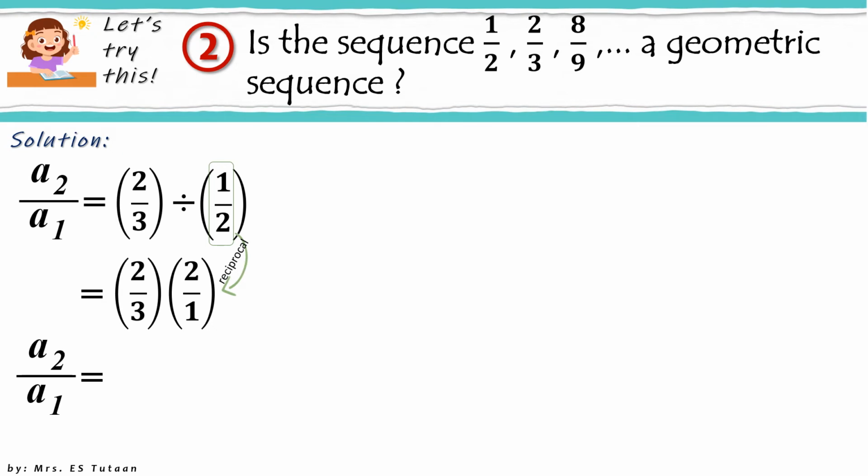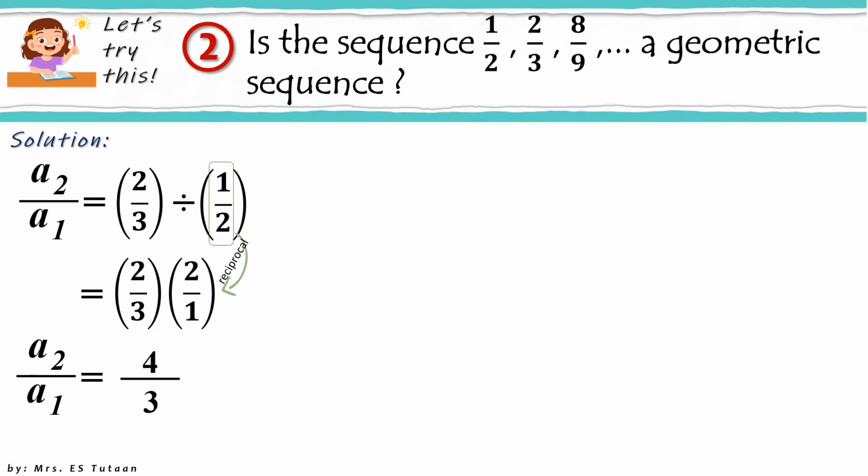And then we will multiply the numerators and we will multiply the denominators. So, we have the second term divided by the first term is equal to, 2 times 2 is equal to 4. The numerator times numerator is equal to 4. Over, we have 3 times 1 or the denominator times the denominator, we will have 3. And as we see, wala na tayong common factor between 4 and 3.